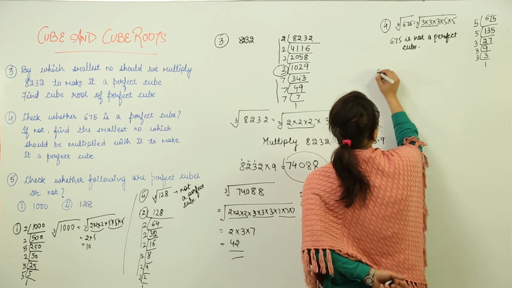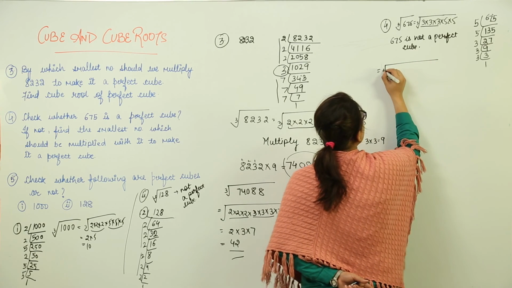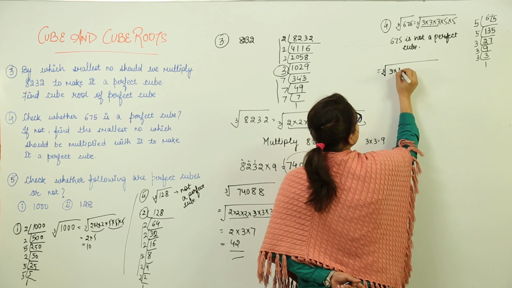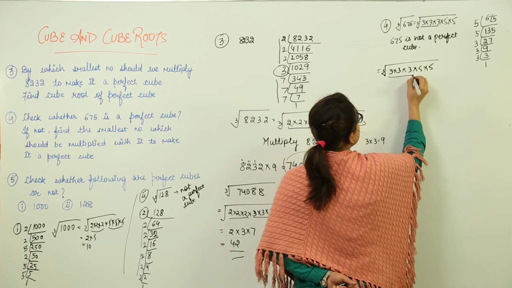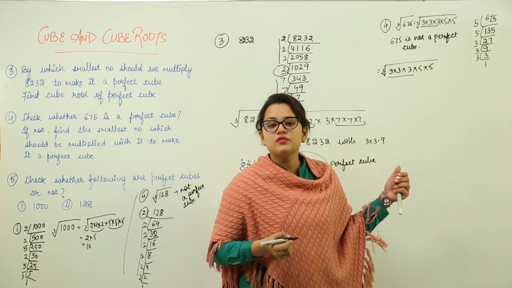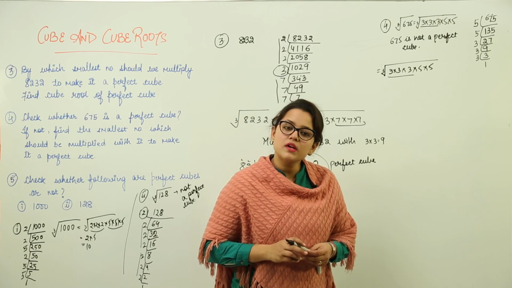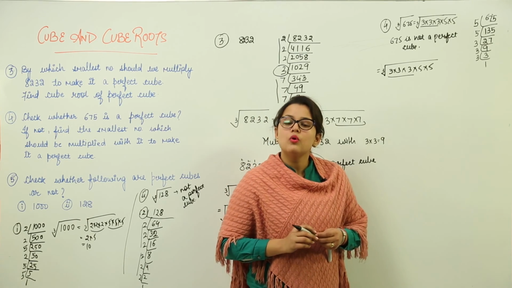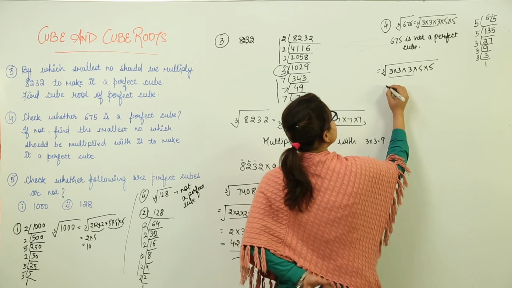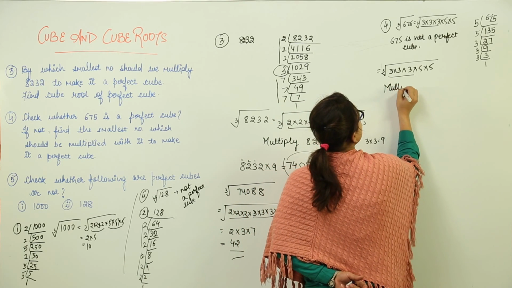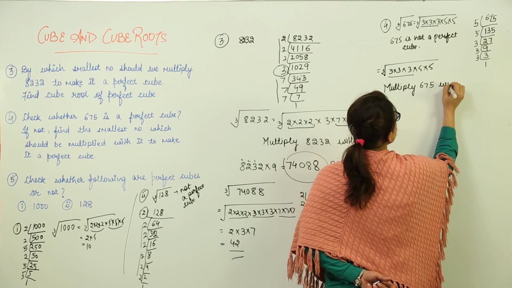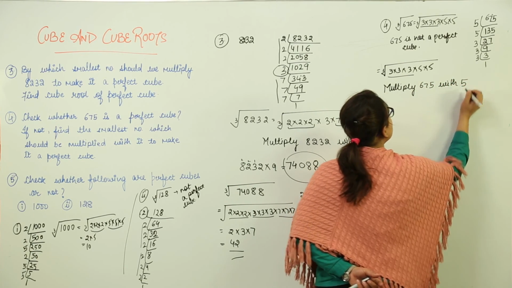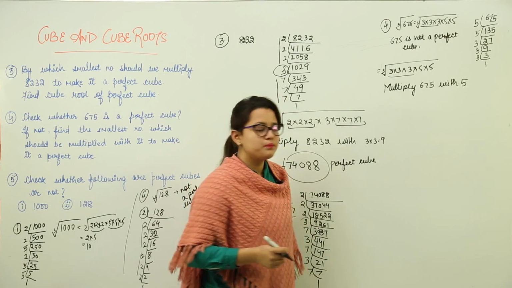Over here we get the factors as 3 into 3 into 3 into 5 into 5. Here we can see 3 is getting grouped, but 5 is remaining ungrouped. So how many 5s are required to make it grouped? Only one 5 is required. That means we should multiply the number 675 with 5 only, to make it a perfect cube.